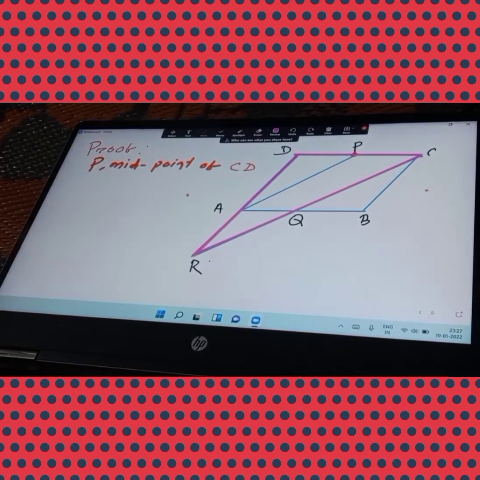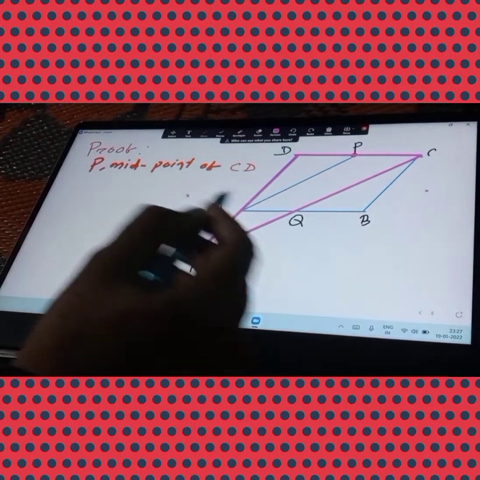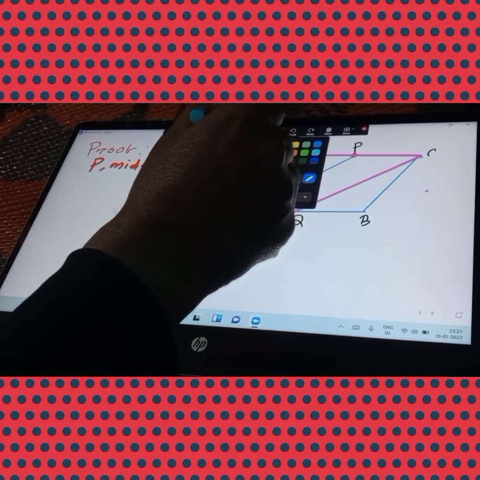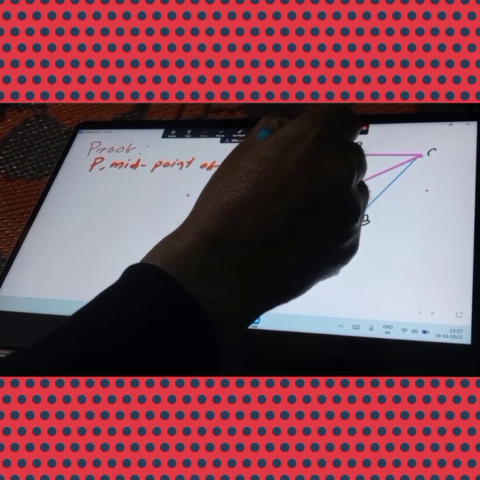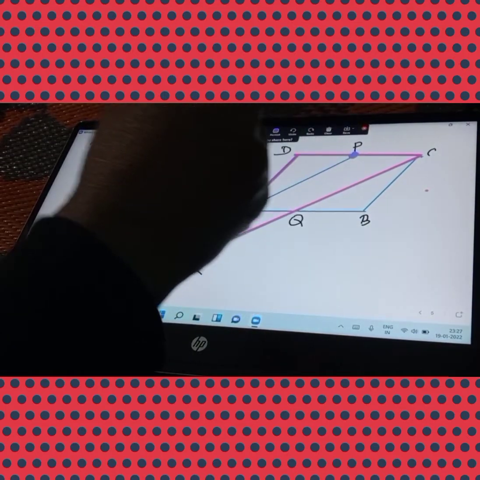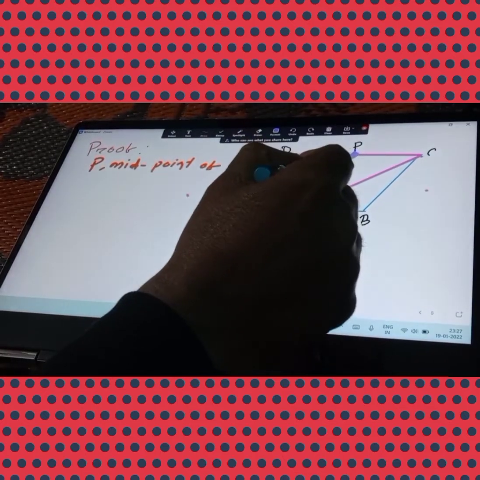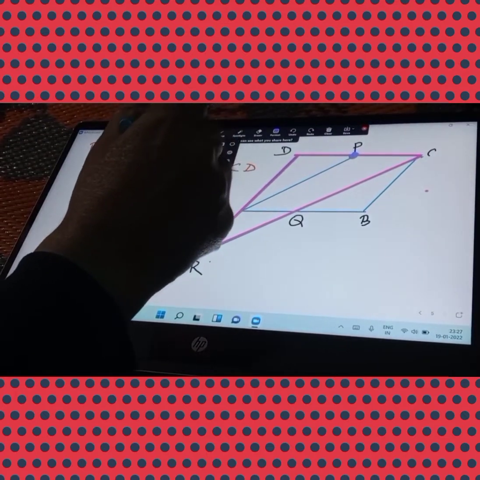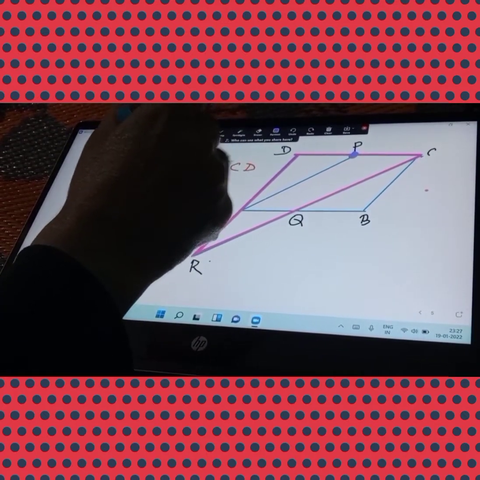CDR is a triangle. So in the triangle CDR, are you able to see P is the midpoint of what? CD. P is the midpoint of CD, which is given, in triangle CDR.